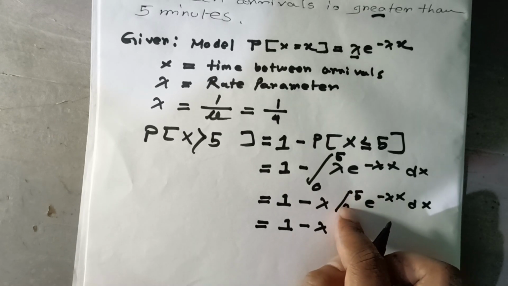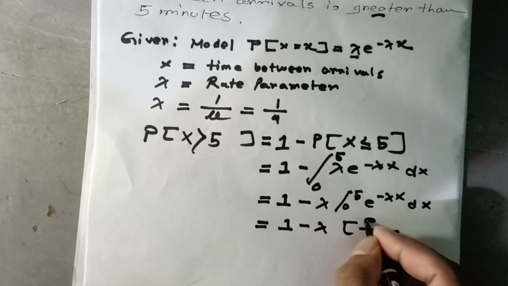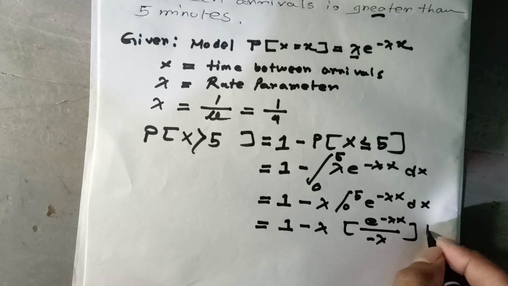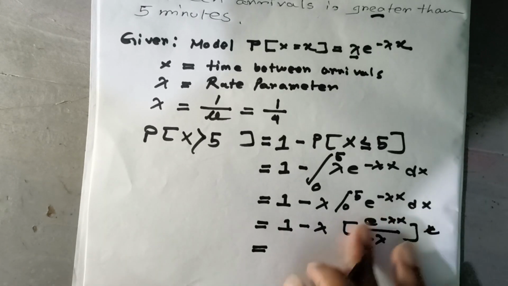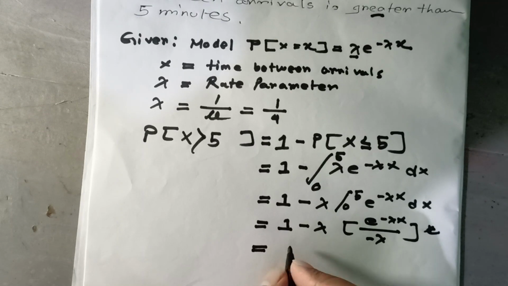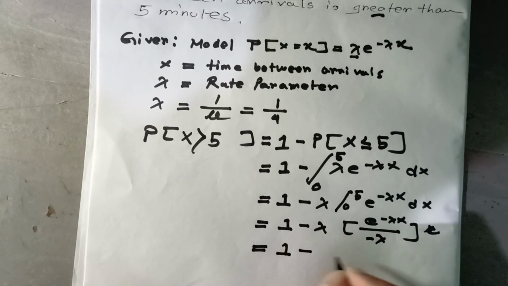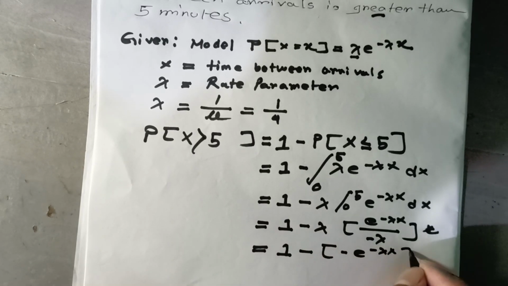Next, we can write 1 minus lambda, and if we integrate it, we will have e to the power minus lambda x divided by minus lambda. The lambda will cancel, so there will be minus e to the power minus lambda x.